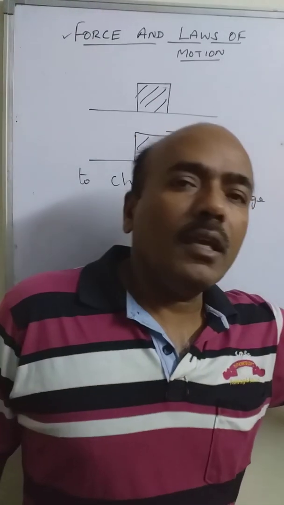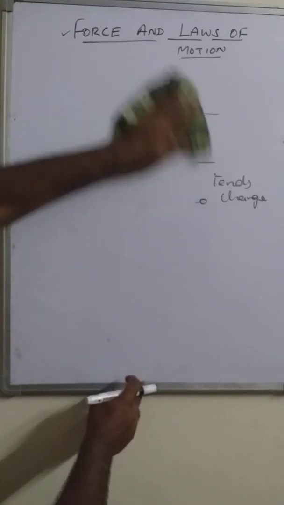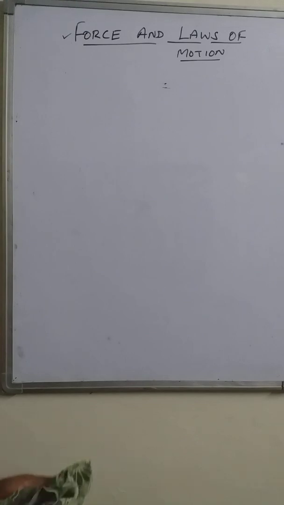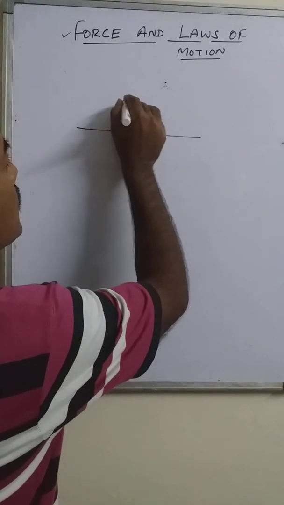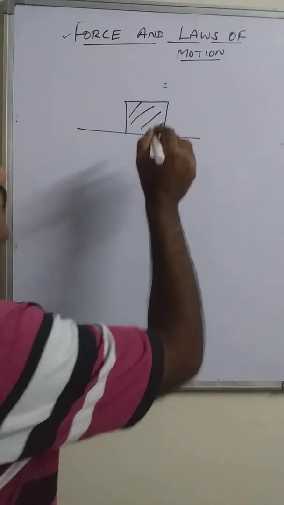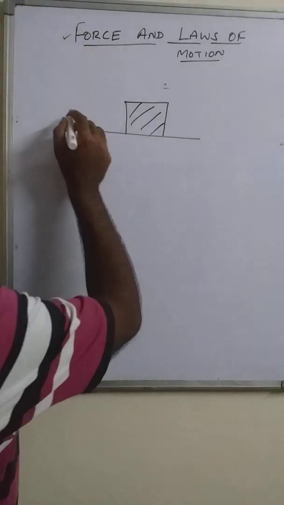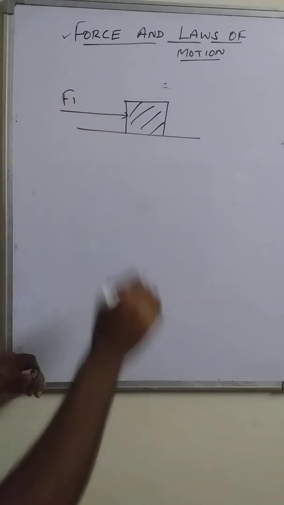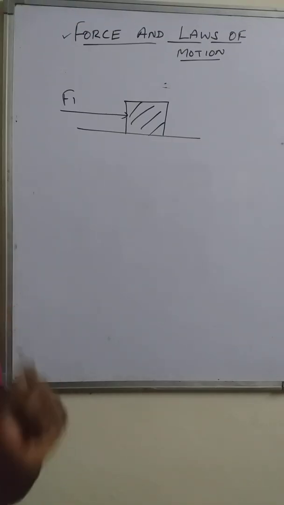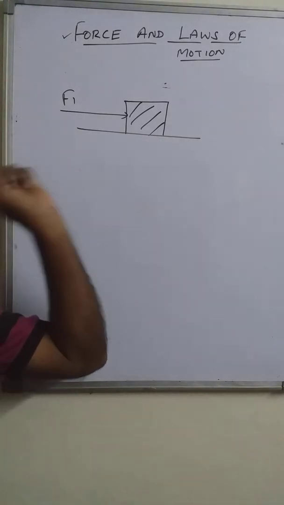Now if we take an object, suppose this is the object placed on the surface. Now we apply a force from this direction. Let us take this as F1. So we are applying only one force from left to right.